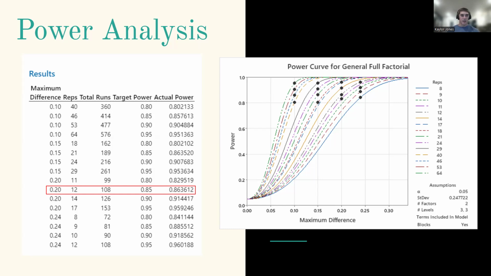It gave us 12 reps with 108 total runs. We thought 0.85 was powerful enough for this study, and we could already see that we'd be getting differences in the range of 0.2 seconds with different factors, so that was definitely a big enough number.